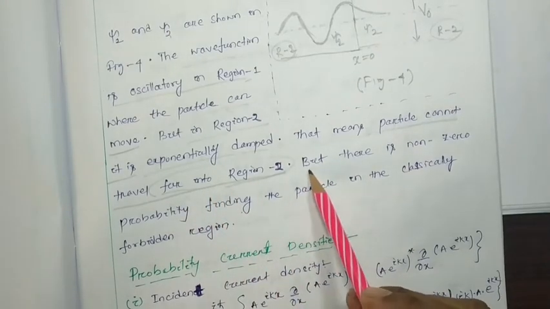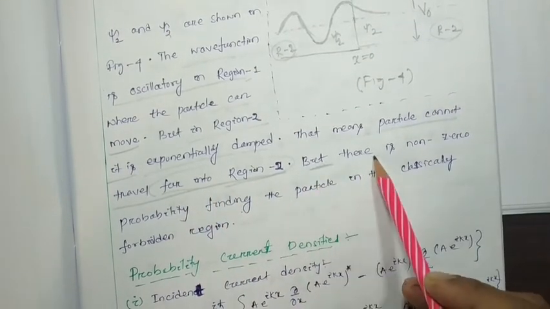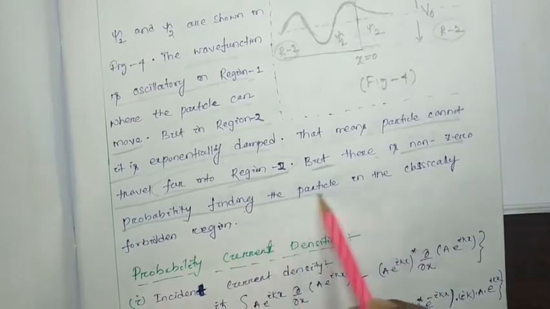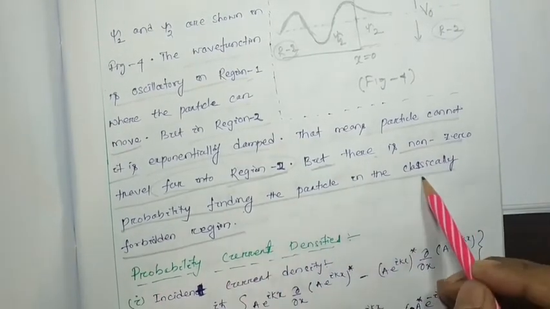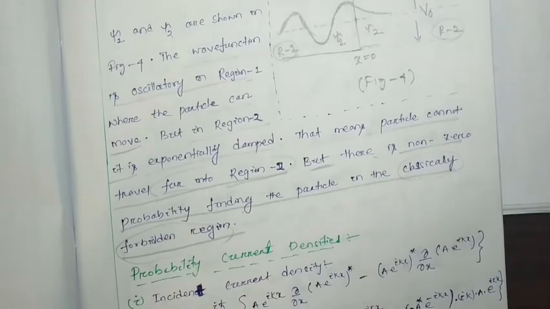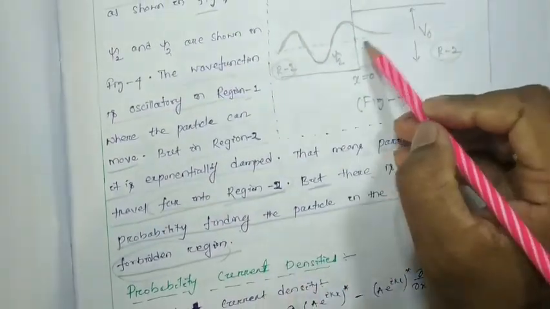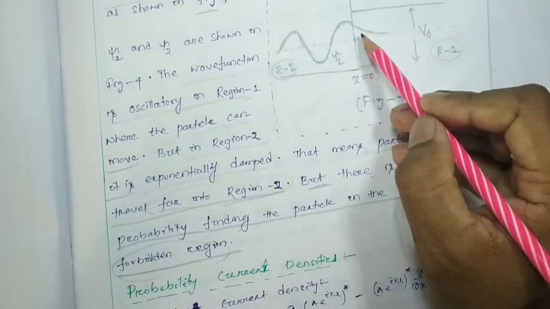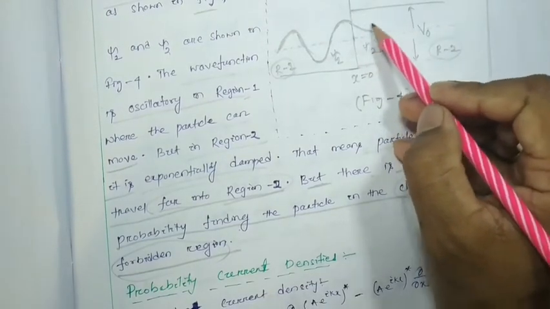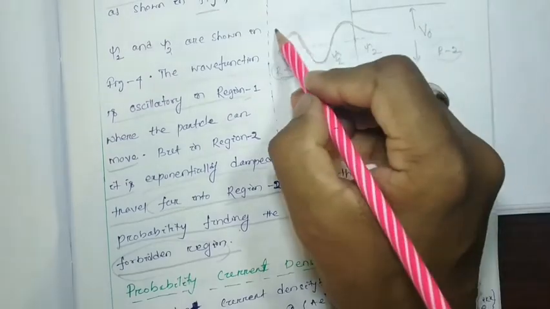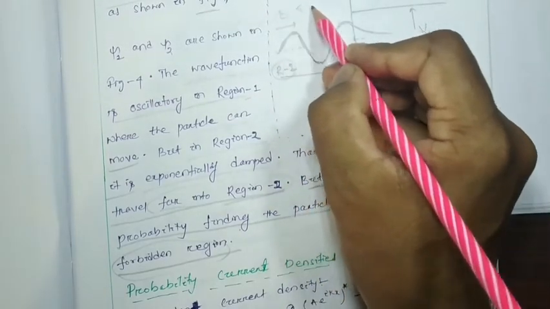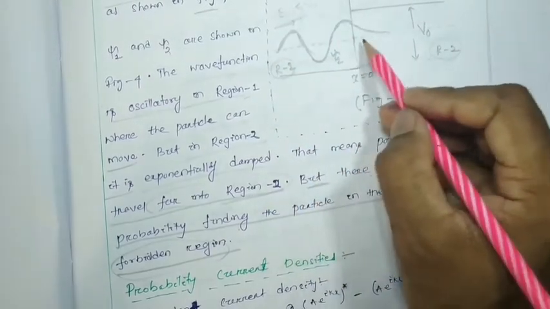There is a non-zero probability of finding the particle in the classically forbidden region. Classical mechanics cannot explain why and how the particle is found in this region, because the kinetic energy E is less than V0 here. How is it found here?